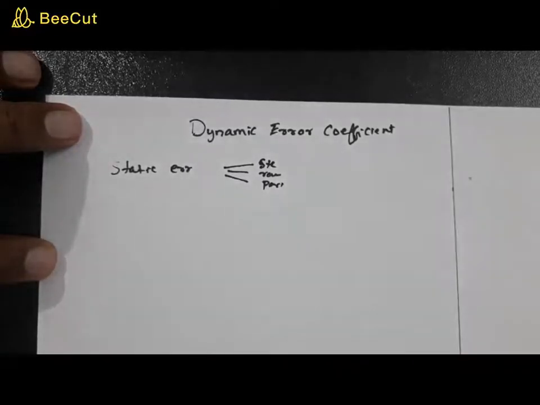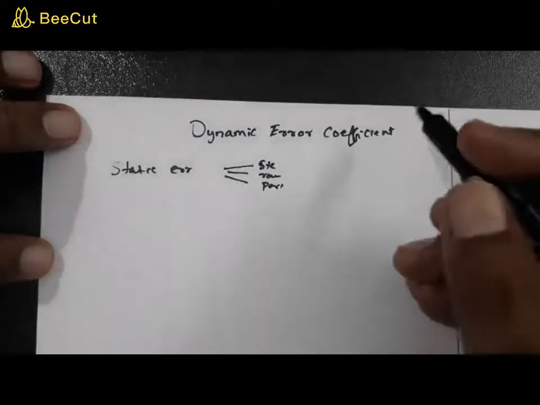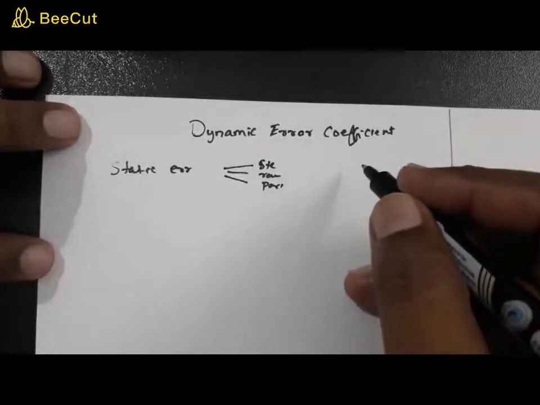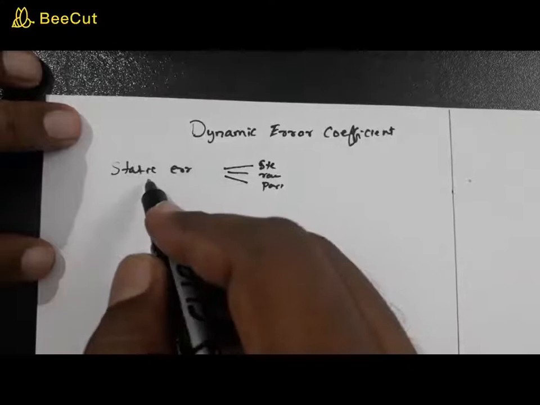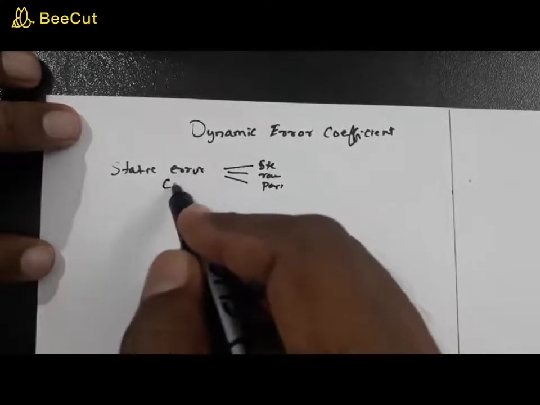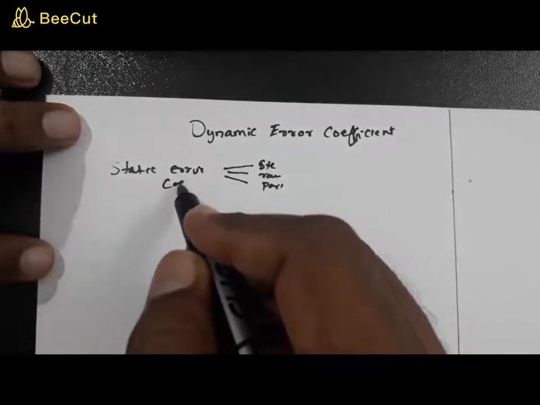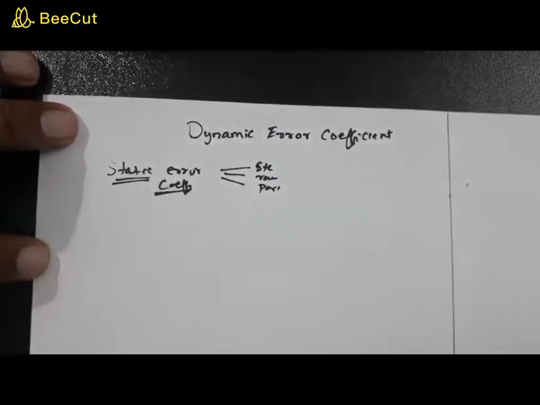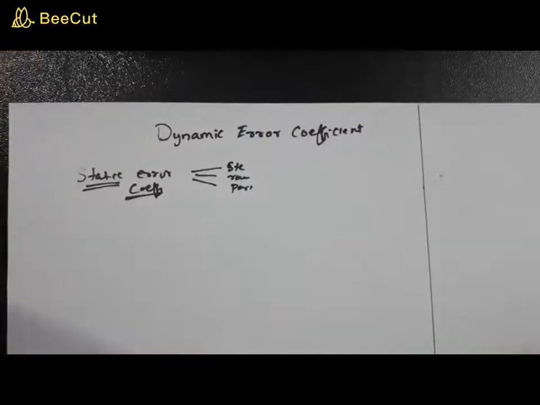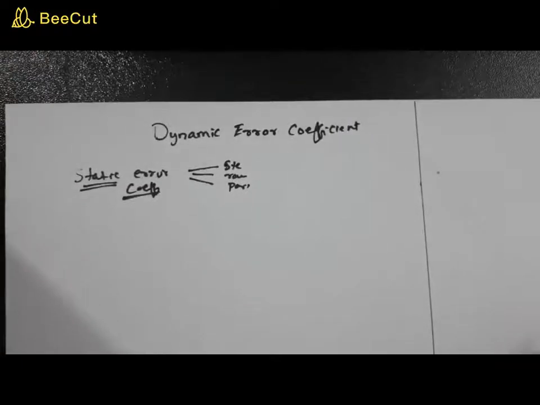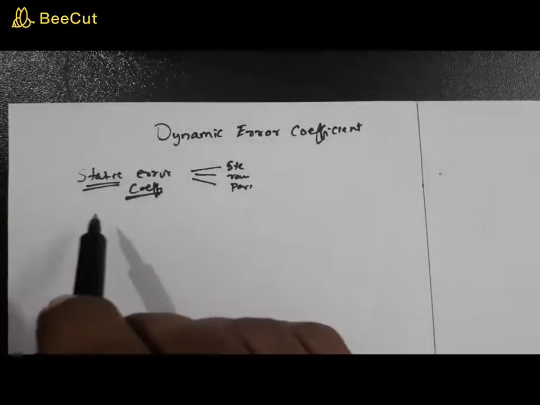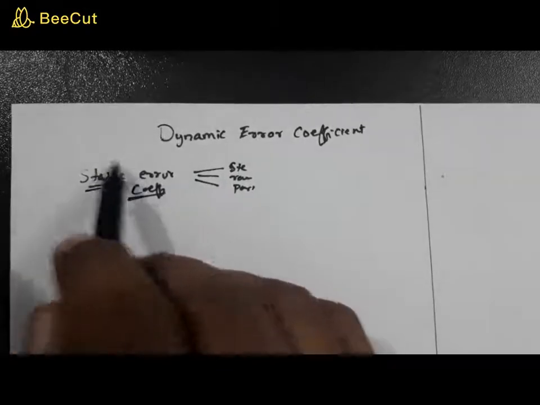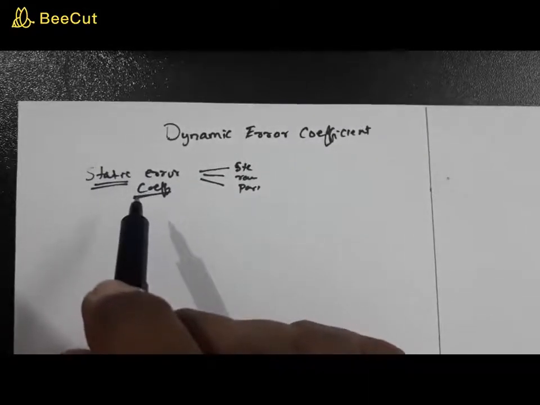And not only that, the error cannot be evaluated at any time using the static error coefficient. The word static itself refers to approaching the steady state, and the error cannot be evaluated at a particular instant of time using the knowledge of the static error coefficient.